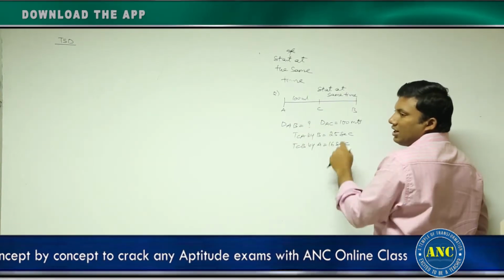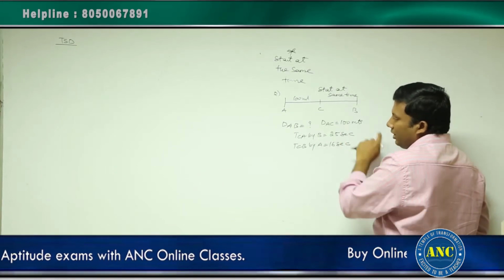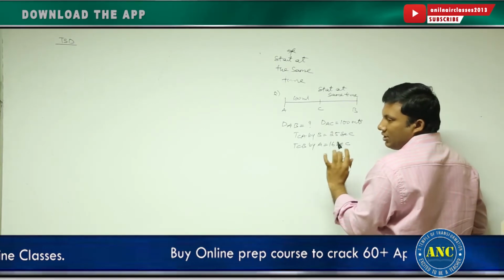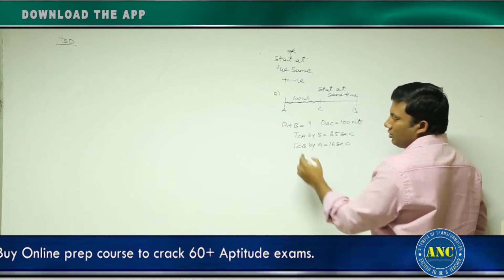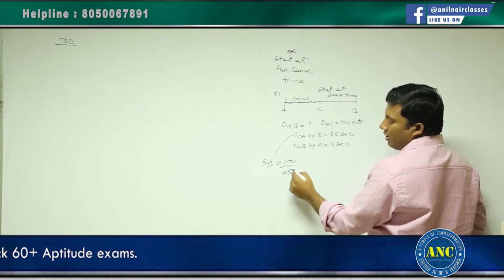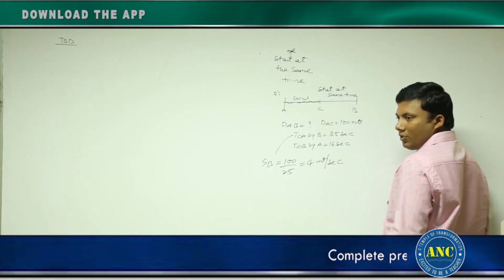This distance is 100. Who is traveling this distance after meeting? B is traveling. B's time is 25 seconds. That means this is the distance I know, this is the time I know. What is the speed of B? Speed of B is 100 by 25, which is 4 meters per second. Right.